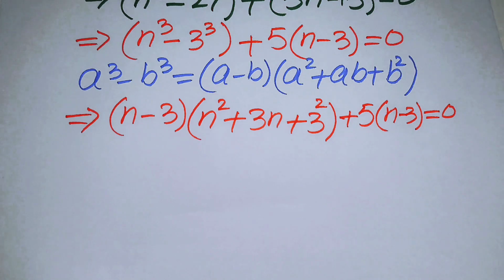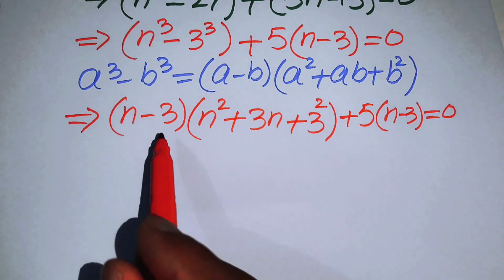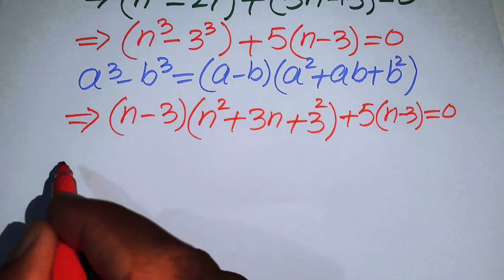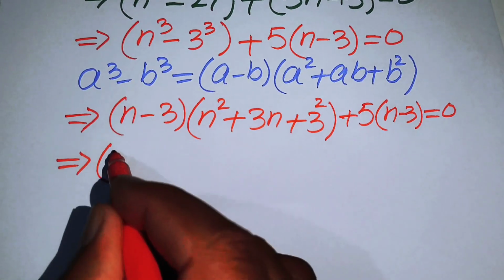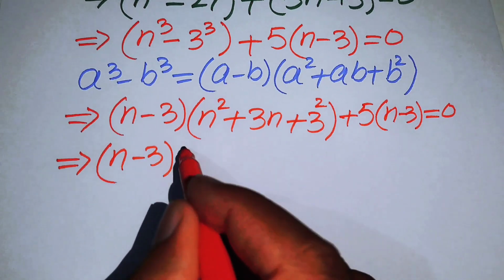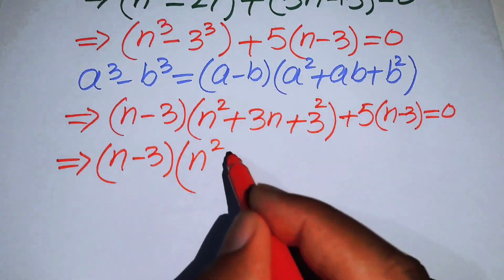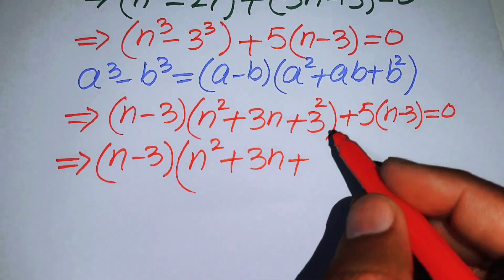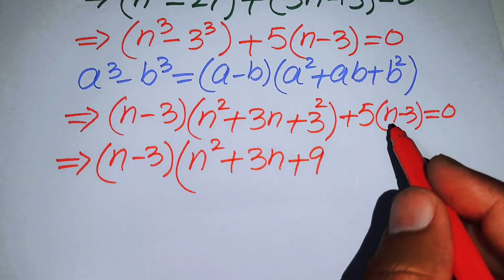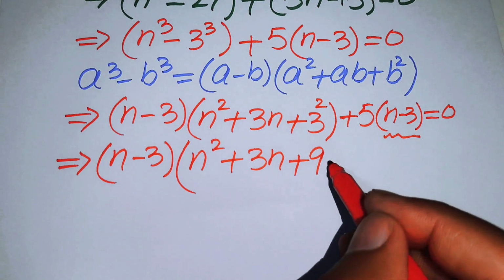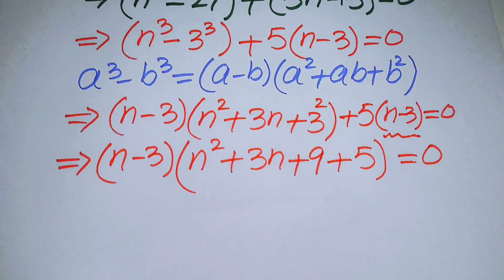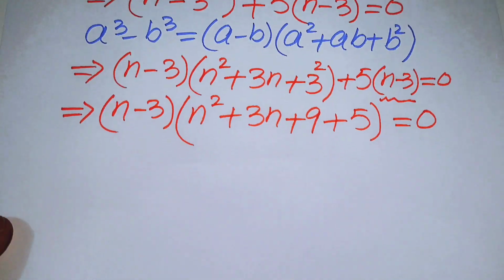Here you focus on both of the terms, and you see that n minus 3 is present in both of the terms, so we will take common n minus 3, and you will get n square plus 3n plus 3 square, and 3 square is equal to 9, plus 5 from the second term, and this whole equation is equal to 0.